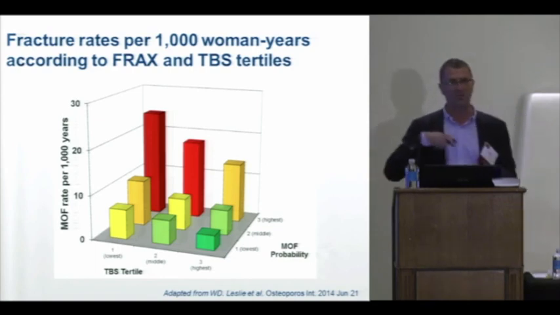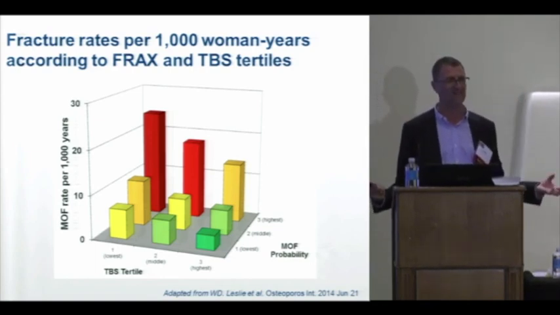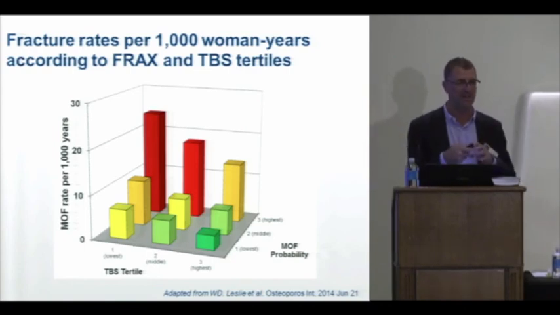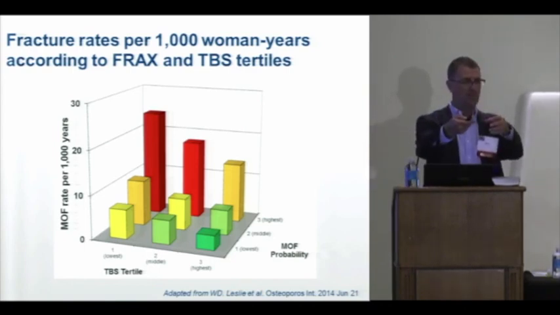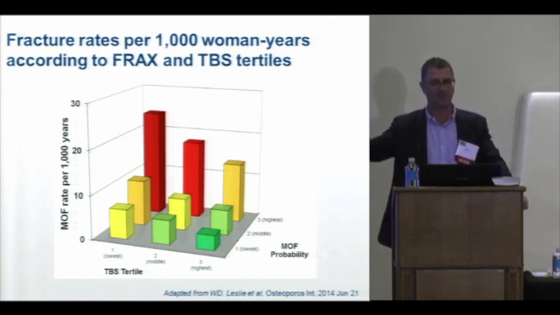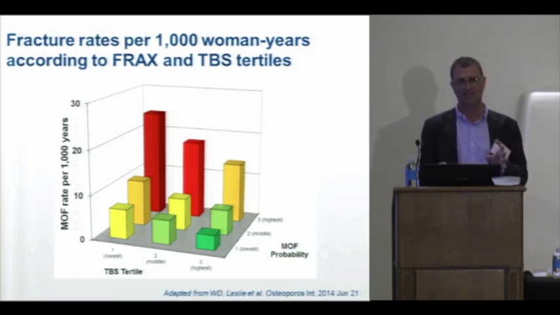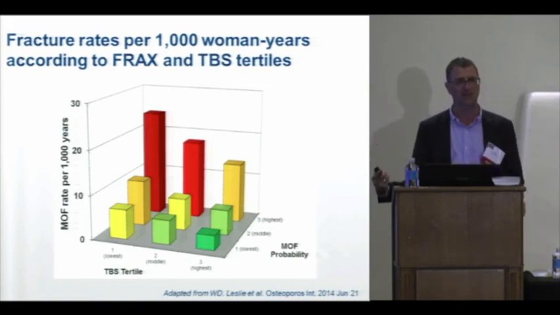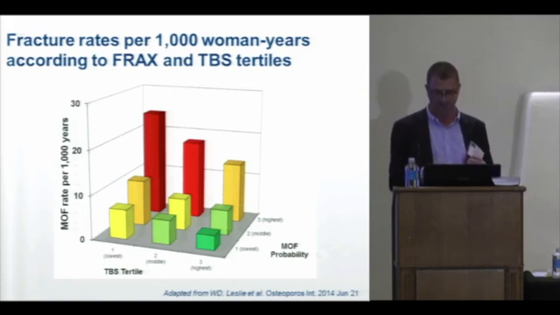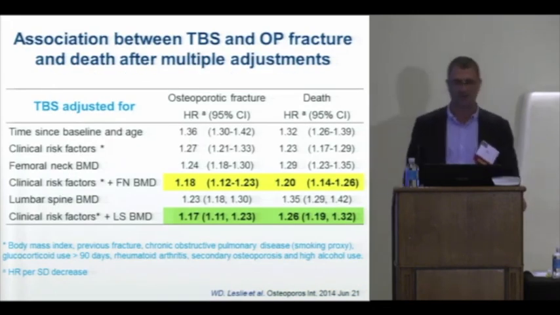And again, you were seeing that combining FRAX and TBS improves the fracture probability, or the prediction of the fracture. Having said that, when John Kanis and colleagues saw that combining FRAX plus TBS really improves things on a very large cohort, they were willing to take the data from a meta-analysis and dig a bit further.